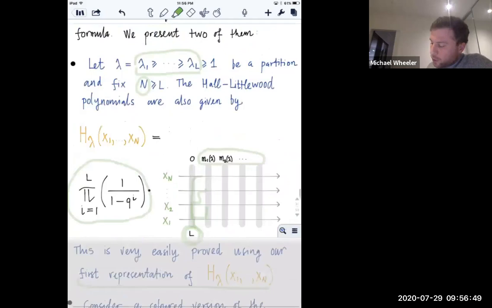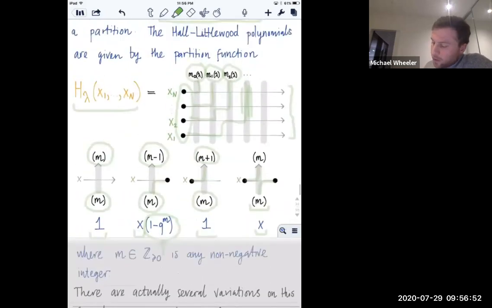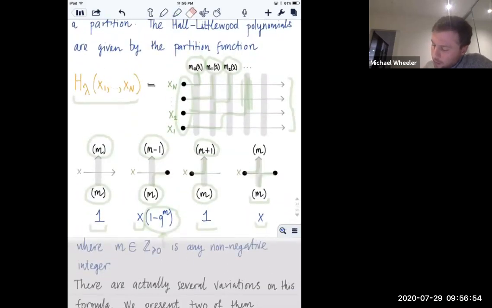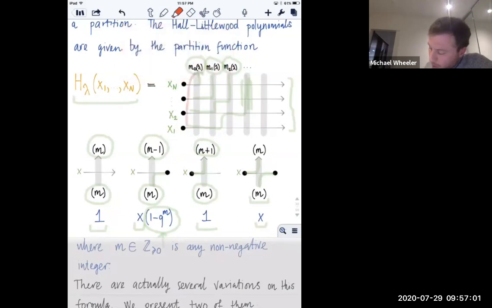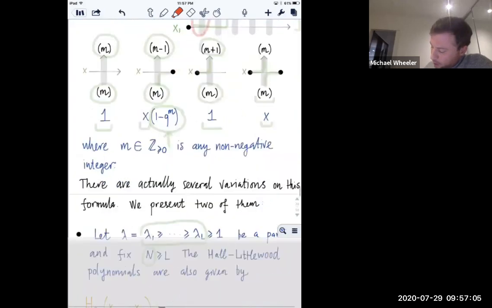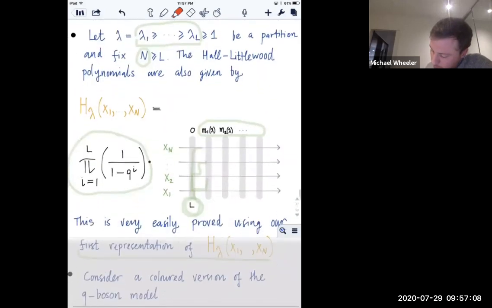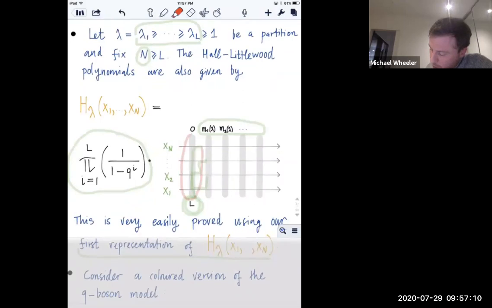Essentially, all you have to do is compare the two formulas and really focus on just that first column. So this column here. You just have to focus on what can happen in there and compare it with what can happen combinatorially in this one here. So if you decompose over that column in both of those formulas, you'll be easily able to match the two things up. Okay, so that's the first variation.